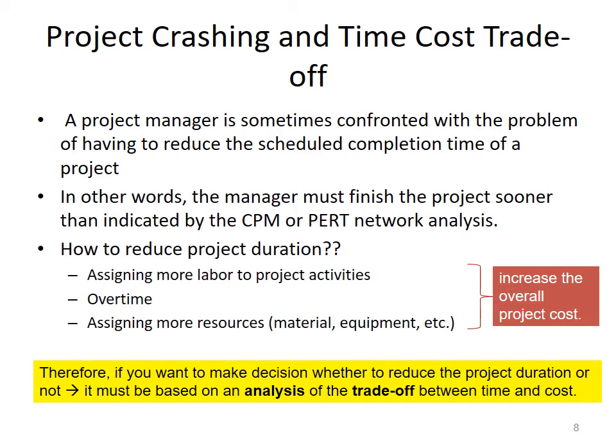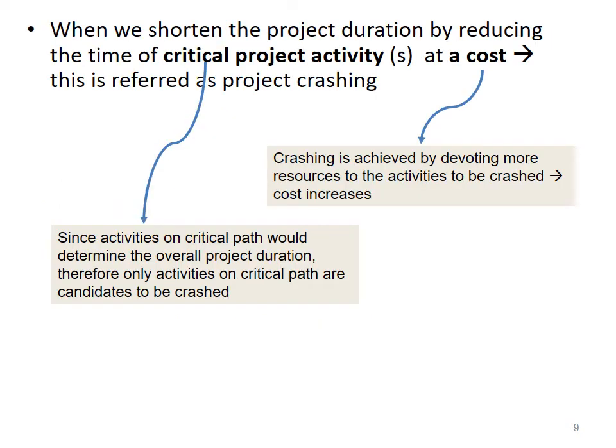Okay, when we shorten the project duration by reducing the time of critical project activity at a cost, this is referred as project crashing. So project crashing ialah apabila kita memendekkan tempoh projek dengan memendekkan tempoh critical activity, okay, activity on the critical path tu dengan penambahan cost.